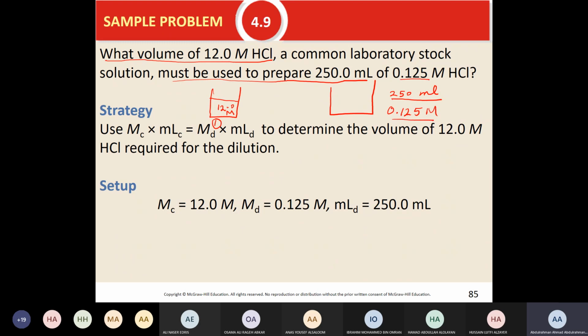How can I do that? Using the equation we just took. We'll take some of this and put it here and add water to it. What volume should I take?